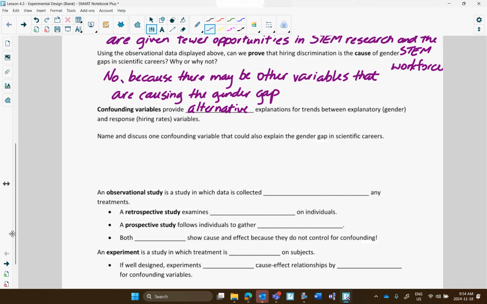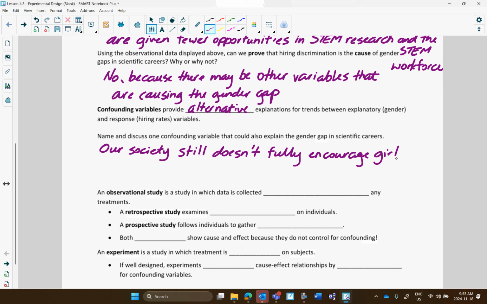So our society still doesn't fully encourage females or girls when they're young to pursue math and science. Maybe that's what's causing it.